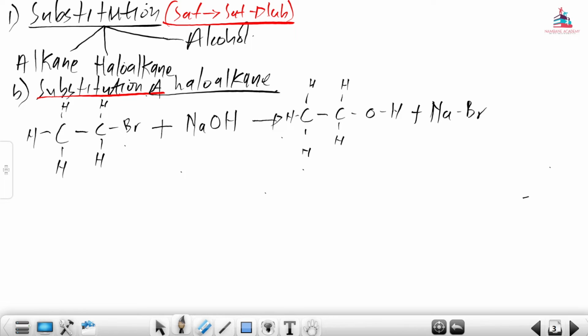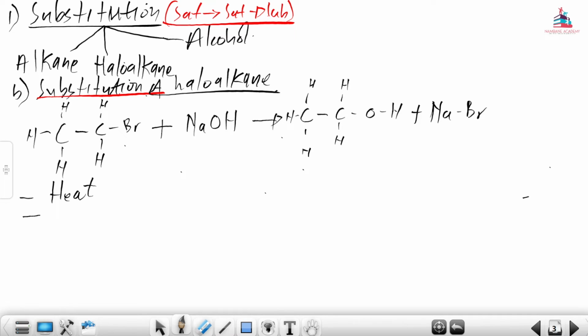Look at this reaction carefully. When we look at it carefully, because it's a substitution reaction, we also need to have heat. That is key. We also need a certain condition of the sodium hydroxide, the base that I am using. Is it a dilute base or a concentrated base?